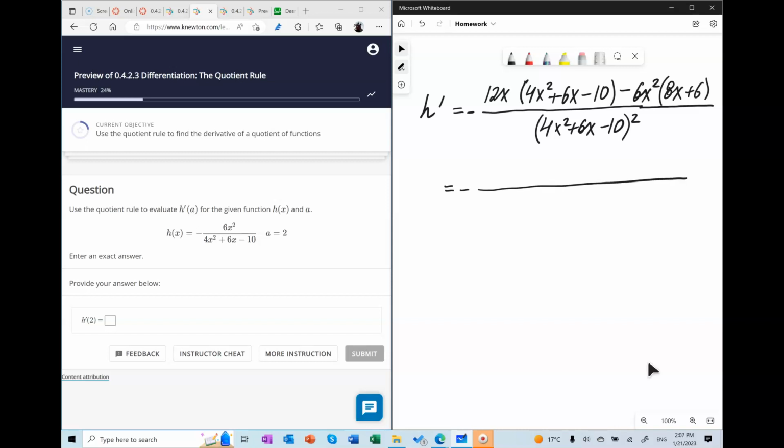But at the same time, we don't have to, because remember, we're looking for h prime evaluated at 2. So we don't need to simplify it, we just need to compute it. So for the sake of saving time, let's just throw the number 2 in there.